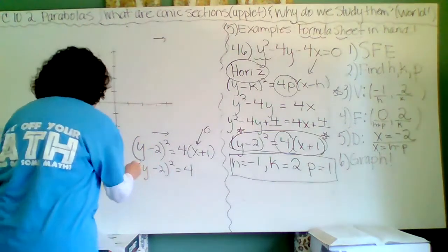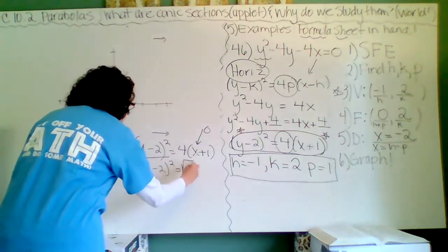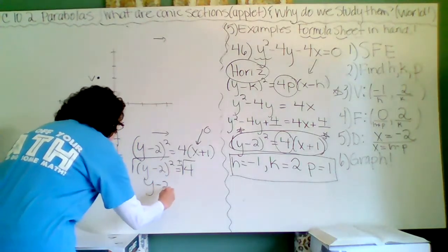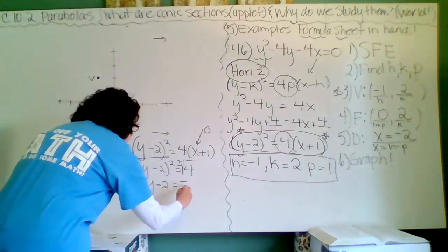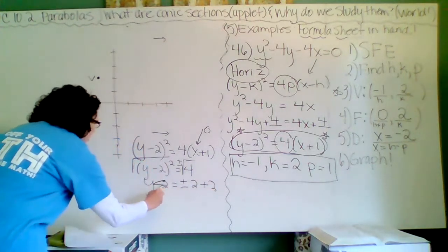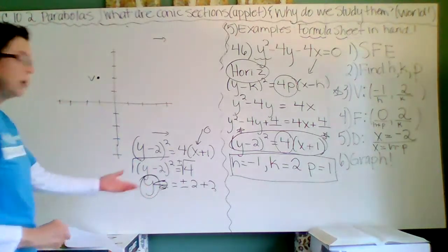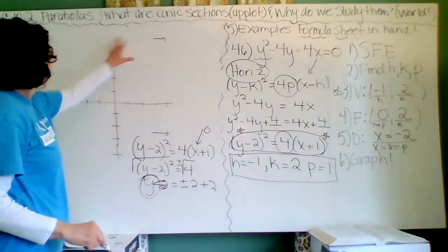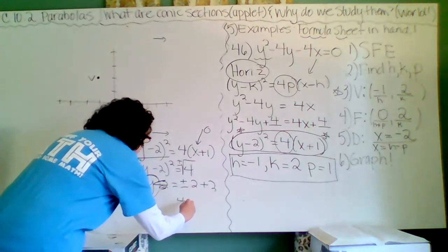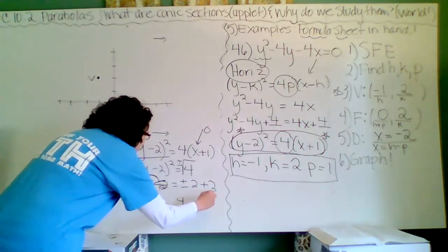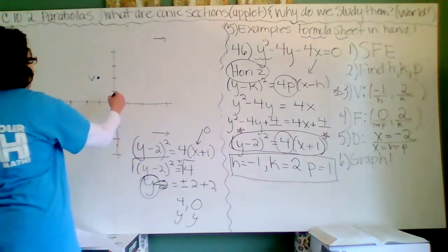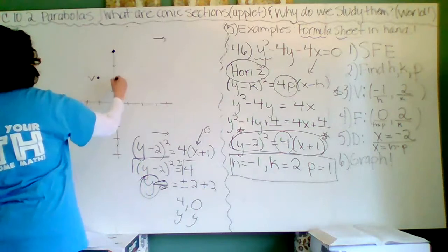I'll take the square root of both sides, and I won't forget to put my plus or minus. And I have y minus 2 equals plus or minus 2. And I'll add a 2 to both sides. There we go. So our y, we have 2 of them, but that's not surprising. We knew there would be 2. It would be 2 plus 2, which is 4, and minus 2 plus 2, which is 0. So we have a y of 4 and a y of 0.